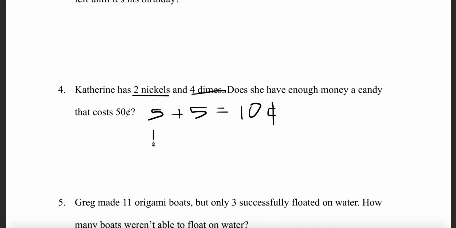So it's going to be 10 plus 10 plus 10 plus 10, which is equal to 40 cents.